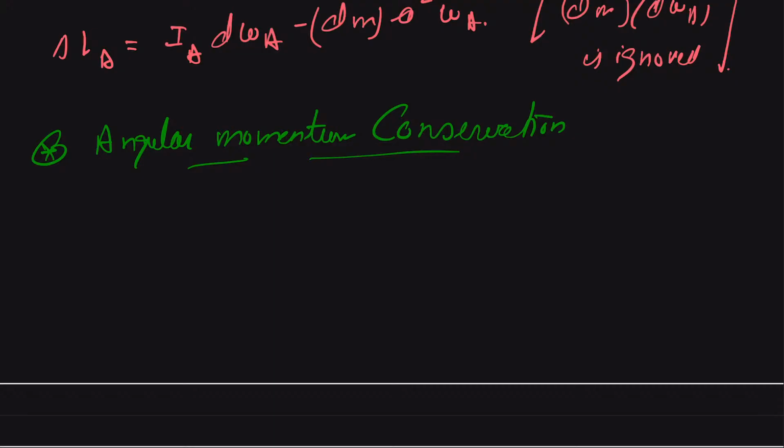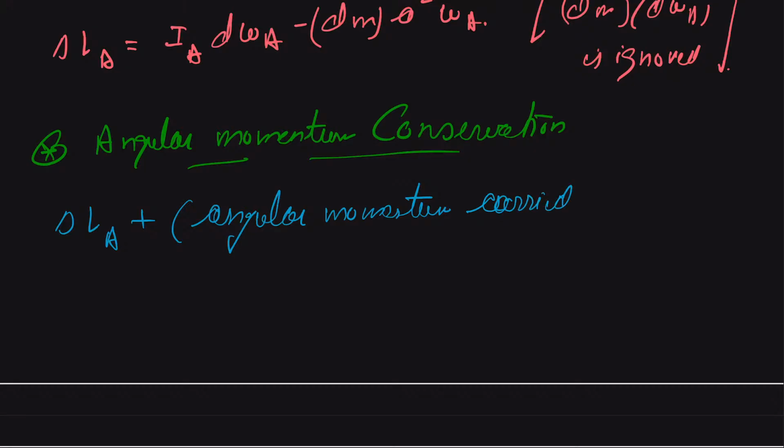Our total angular momentum, that is drum plus sand, is going to be conserved. So if we substitute, delta LA plus the angular momentum carried away because of the sand movement will be equal to 0.